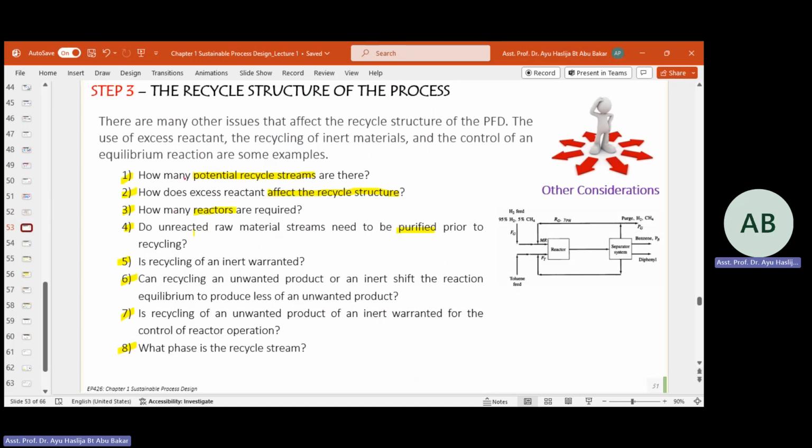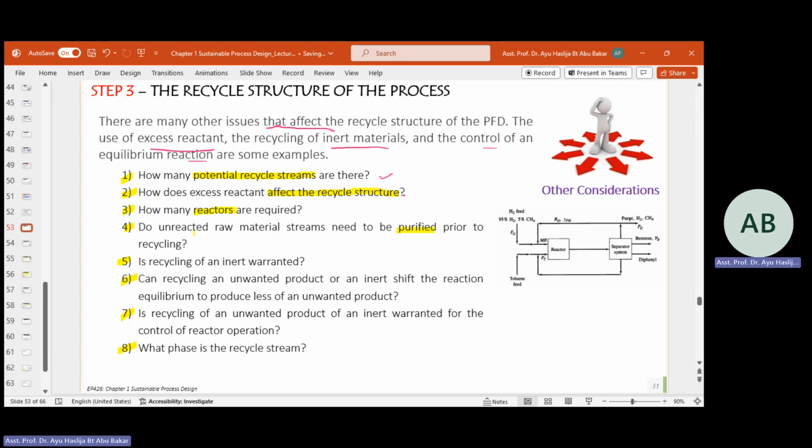Okay, so these are a few factors that you need to consider whether to recycle or not. These are the affecting factors: the use of excess reactant, recycling of inert materials, and control of an equilibrium reaction. I'll just go through the points quickly. How many potential recycle streams can you have? Is it feasible or not?